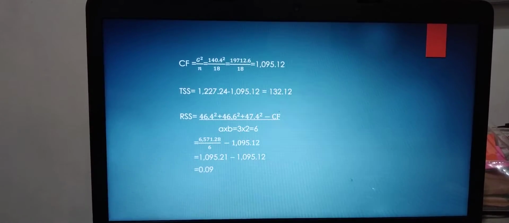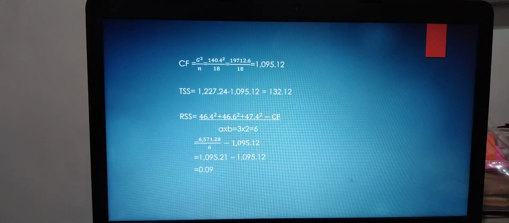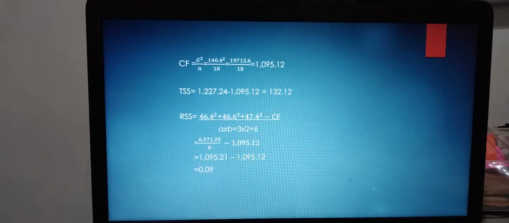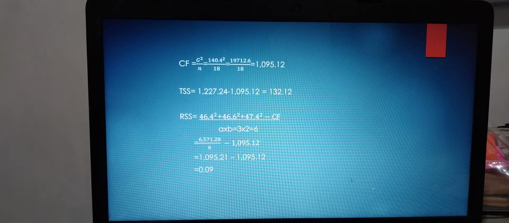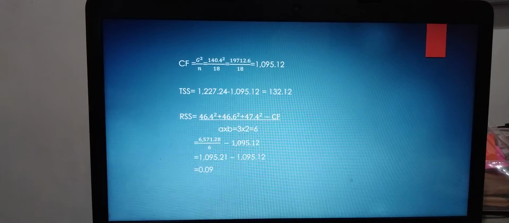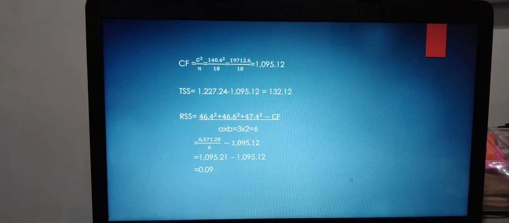Then second is our TSS. These figures we gathered from the previous tables. We squared all those figures, then we add, with a total of 1,227.24 minus our CF, which is 1,095.12, is equivalent to 132.12.